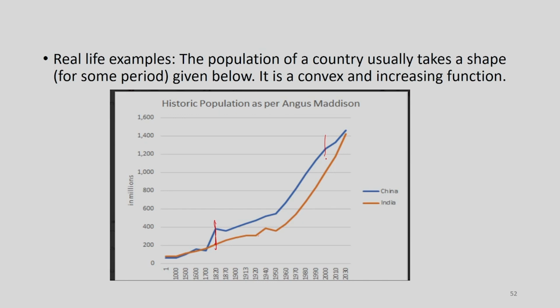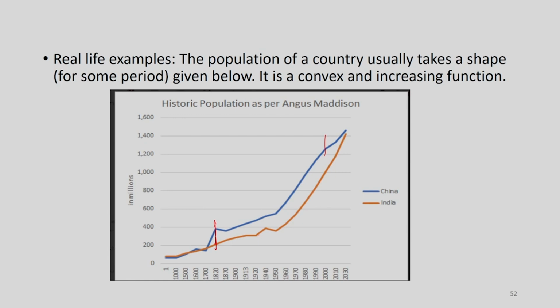So, India's population grew at more or less the same way as it was doing before. So, there was no break point as such in India's population growth. It was following the trend, and that is why you have a very smooth curve in India's population. So, this is an example where the convex function, you can see that in real life as well.